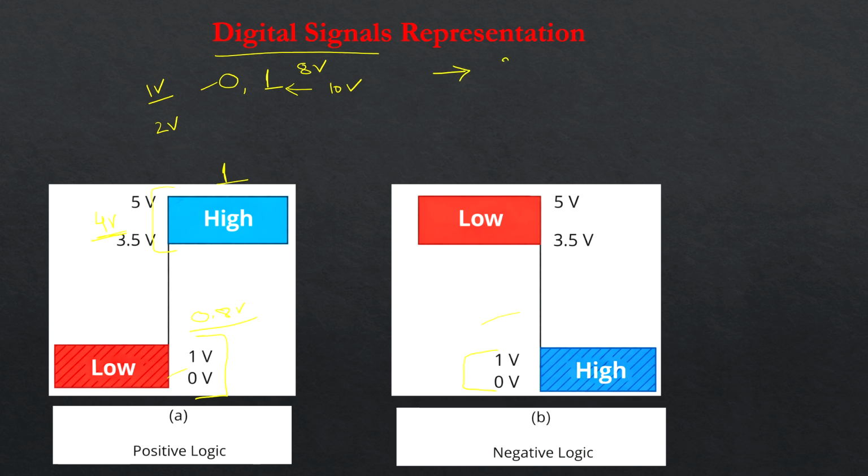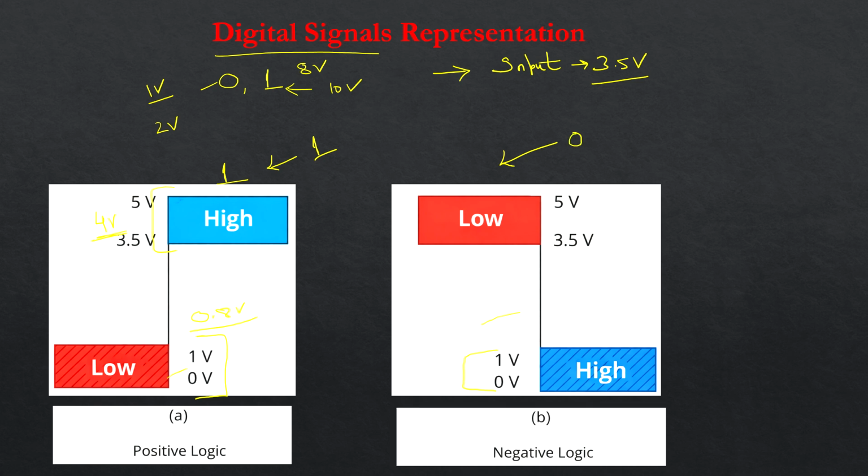If your input is like 3.5 volt, what would it be in positive logic and negative logic? In positive logic, this 3.5 volt would be read as a 1, and in negative logic it would be read as 0.